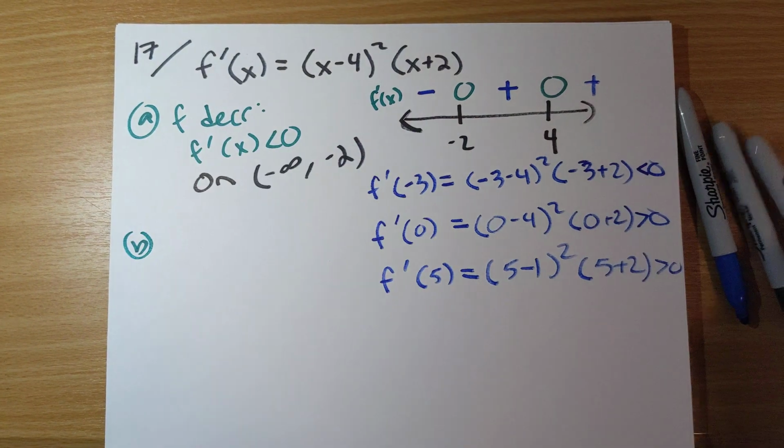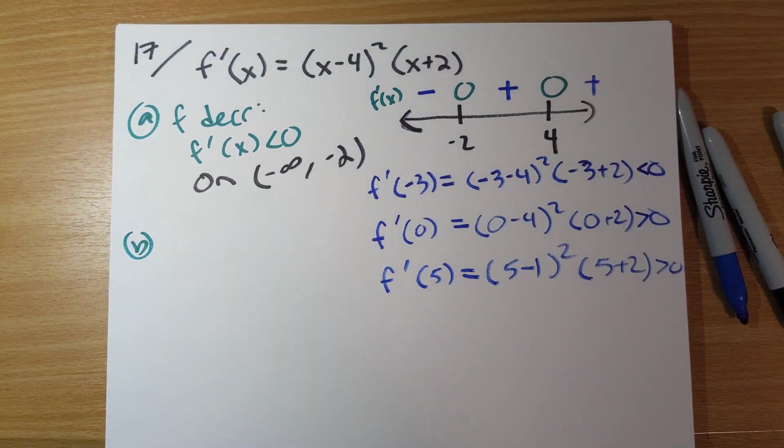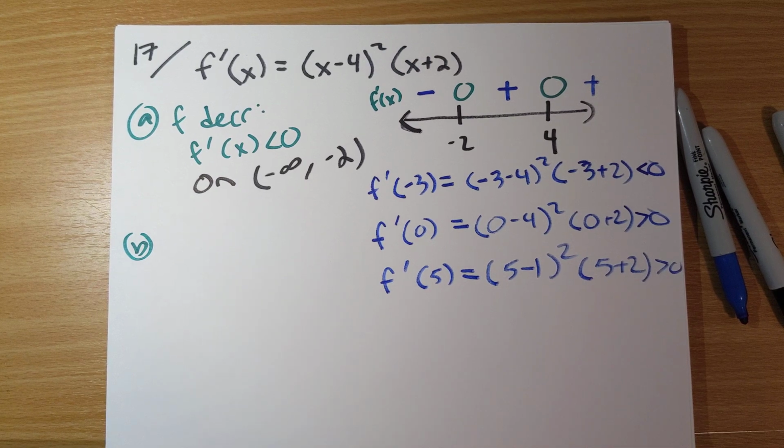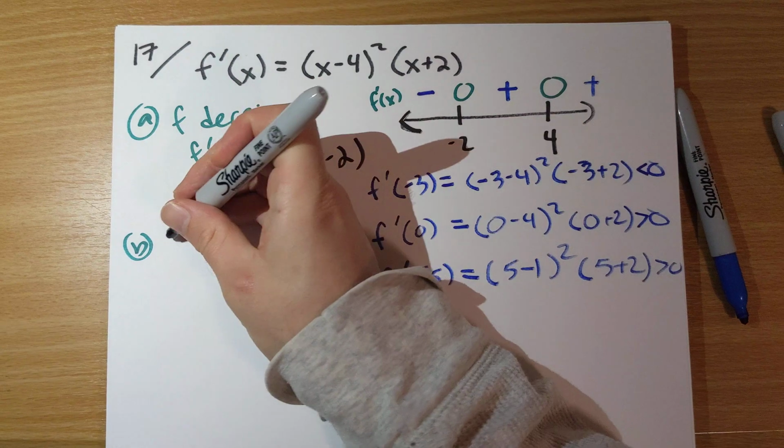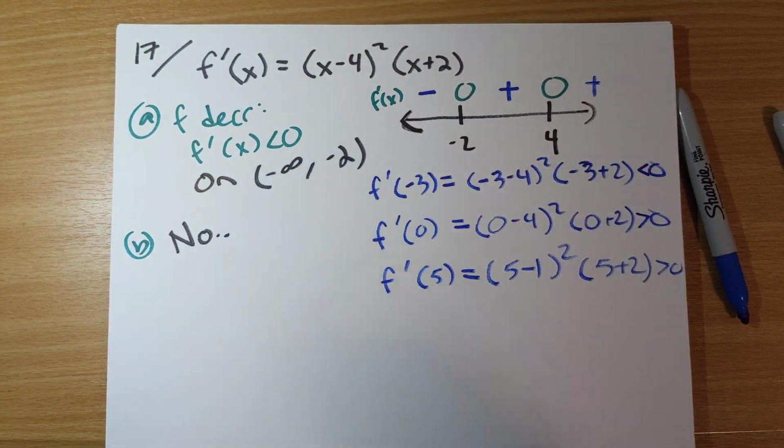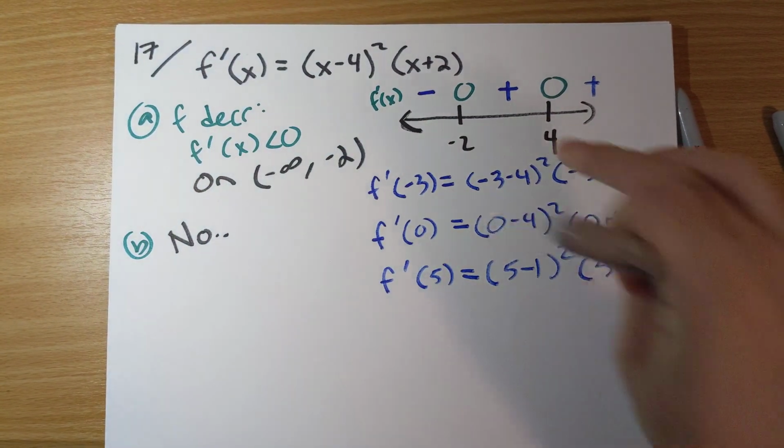Part B says, student writes, since f prime of 4 is equal to 0, there's a local extremum, either min or max, at x equal to 4. Is the student correct? No, the student is not correct. How can we tell that?